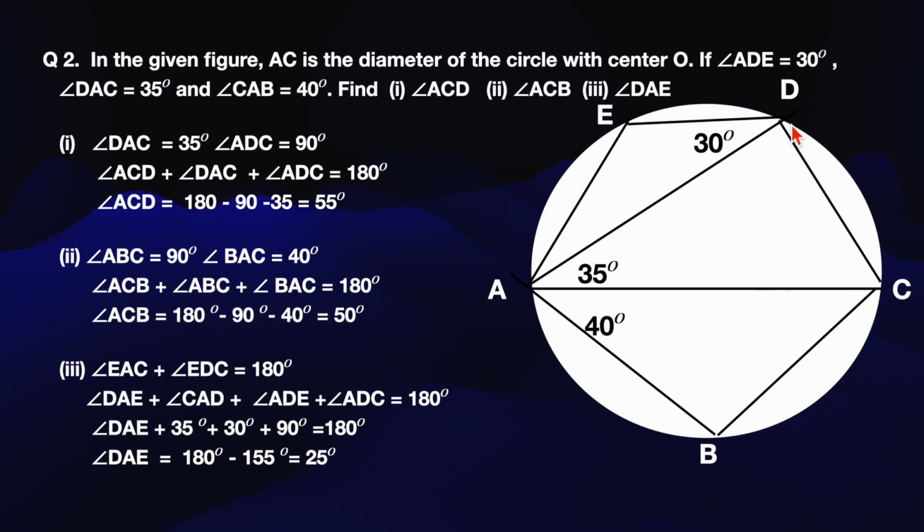We already know this angle is 90. Plus 90 is equal to 180. See here, all these four angles, this angle plus 30 plus this angle is equal to 180. So, the required angle is equal to 180 minus 155. That is equal to 25.